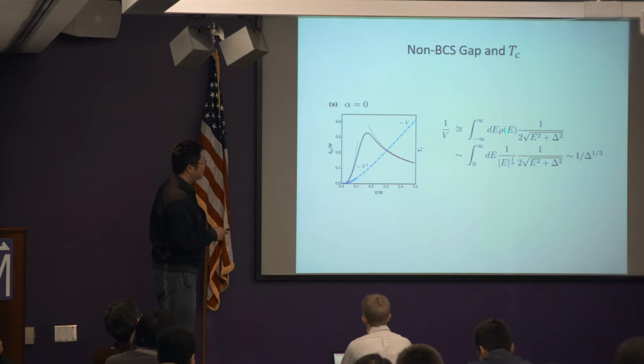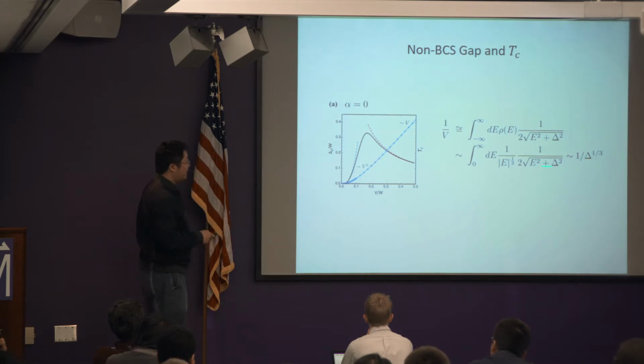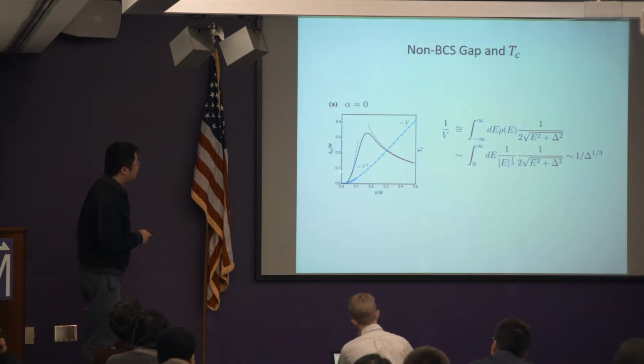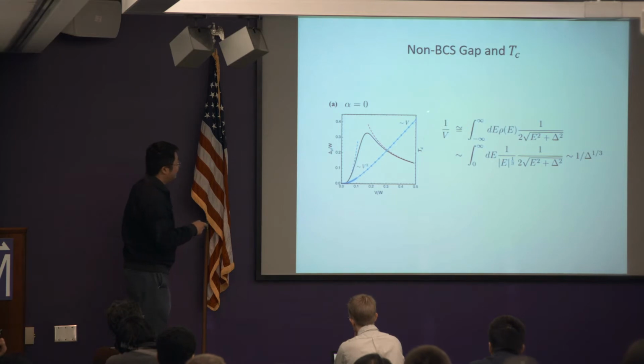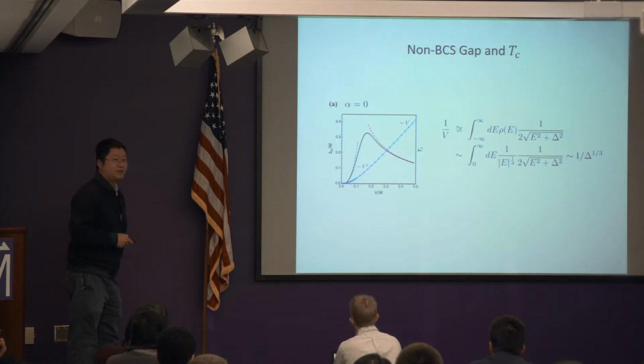This is the BCS formula. But here, because the density of states has a power law divergence, simply by dimensional scaling, one finds that the gap, which is an excitonic gap, is a power law, going as v to the third power when interaction strength is small. When interaction strength becomes large, the system goes from the BCS-like limit to the BEC limit, and there the gap scales as the interaction strength.